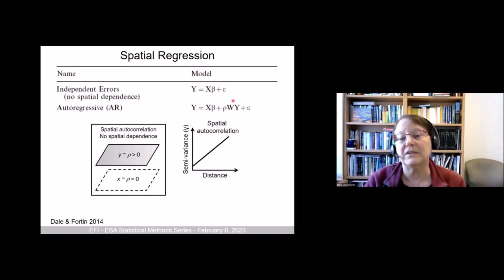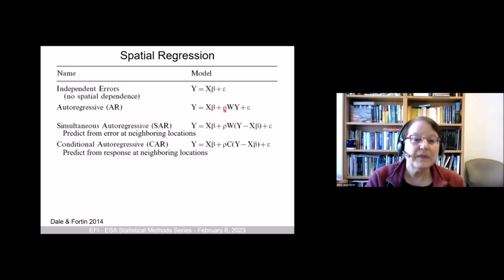And here what we are saying in the relationship that I'm showing is that the response variable is influencing its own pattern. So I'm interested now in the spatial autocorrelation of the response variable. Those methods are known as the simultaneous autoregressive model.